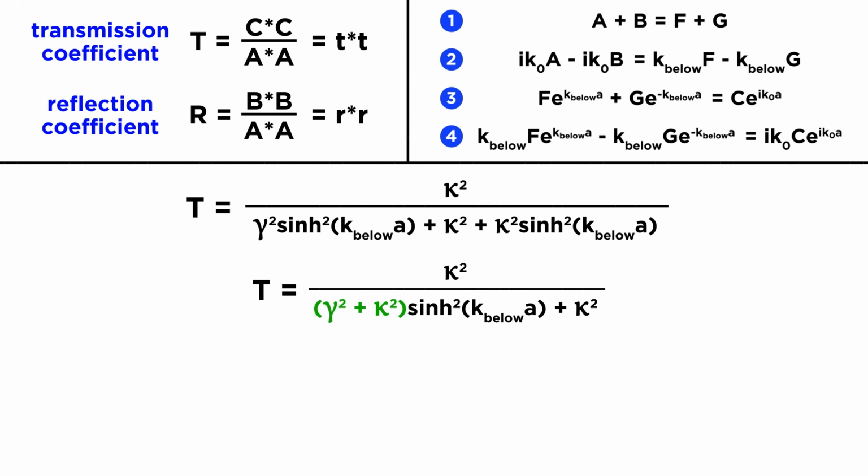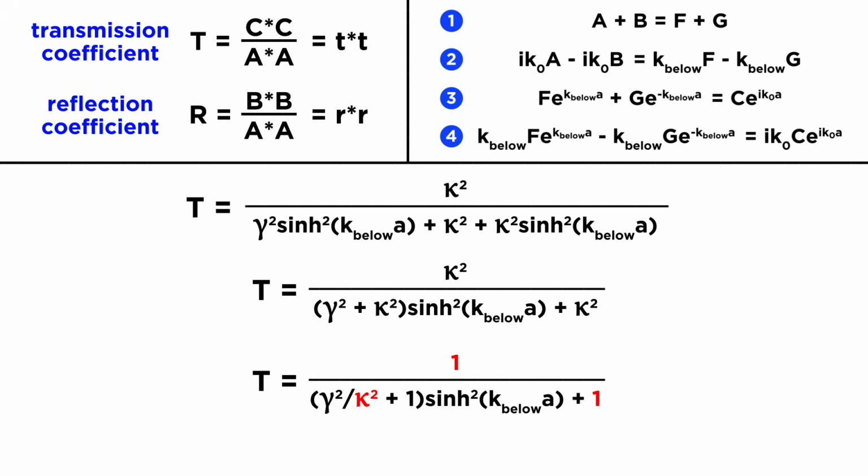Let's distribute kappa squared across here, and then we can factor out the hyperbolic sine squared term from these two terms to get the quantity gamma squared plus kappa squared times hyperbolic sine squared k below a plus kappa squared. Let's now divide through by kappa squared, giving us 1 in the numerator and this in the denominator.